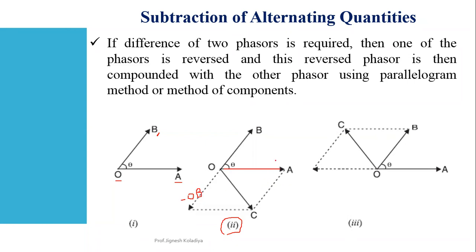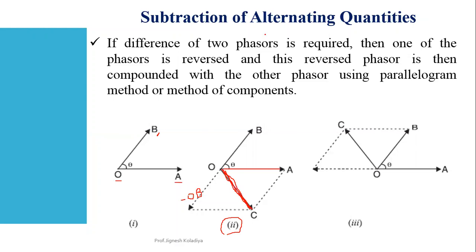And now you apply the parallelogram method. You already know how to apply the parallelogram. Just take the minus OB's parallel vector with the same magnitude and put it on the head of OA. Similarly, take the image of OA and put it on the head of OB. Okay, and then you can find the resultant. So this OC will be the resultant.